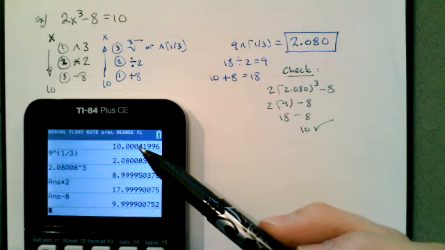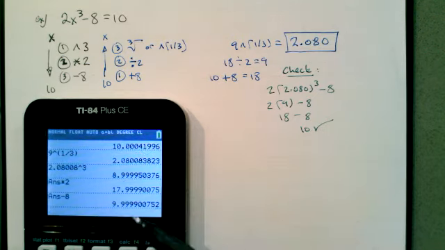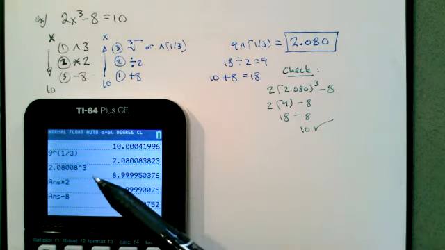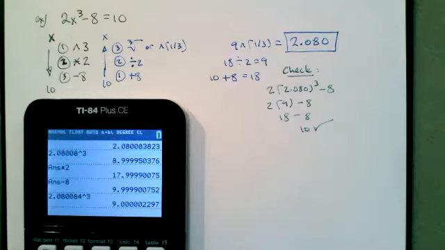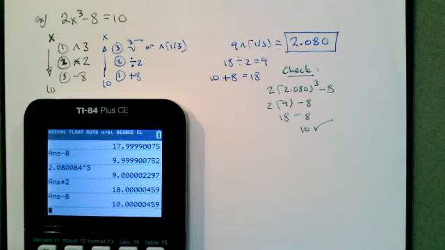That's how close it was. I had 3 places. And then in 2.08008, I have now 4 places. More places to start with, closer we're going to be. So now I have 5 places.